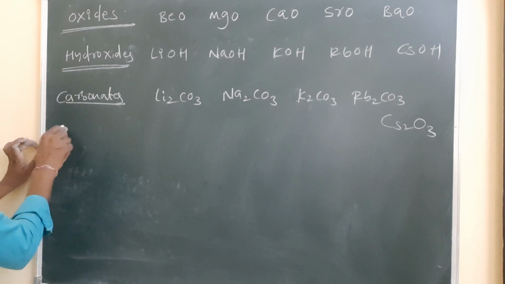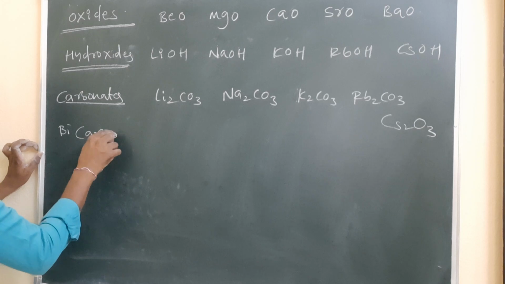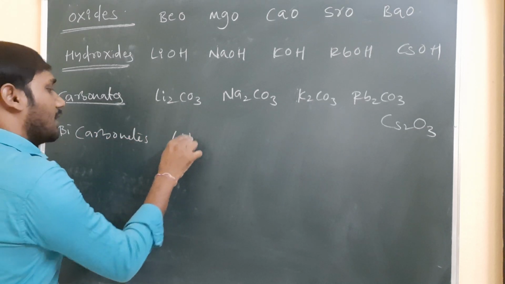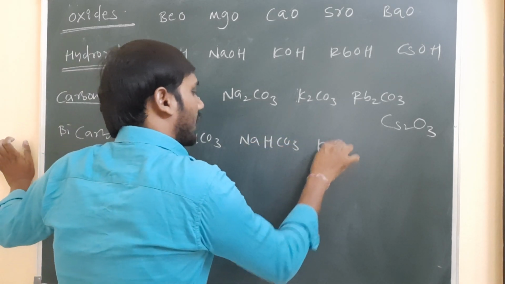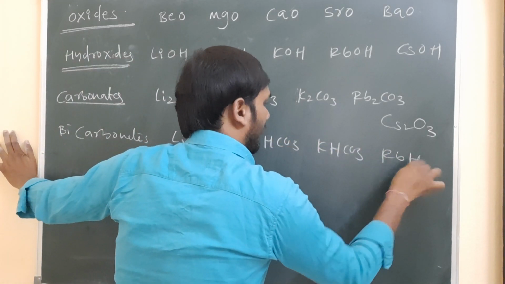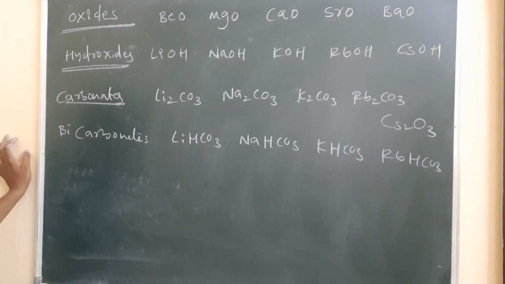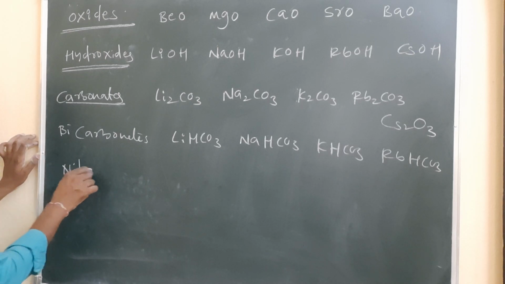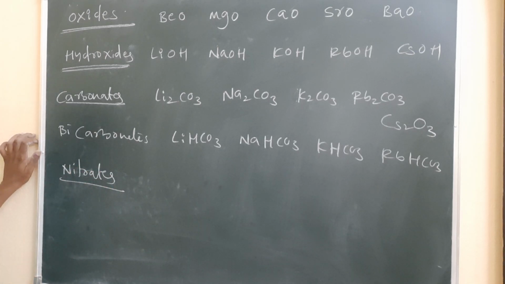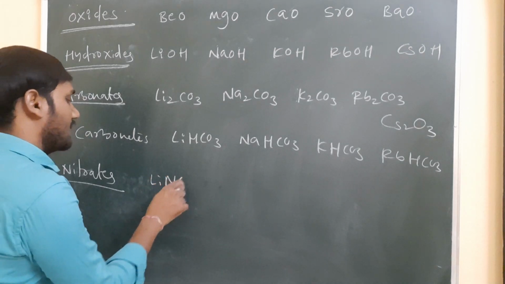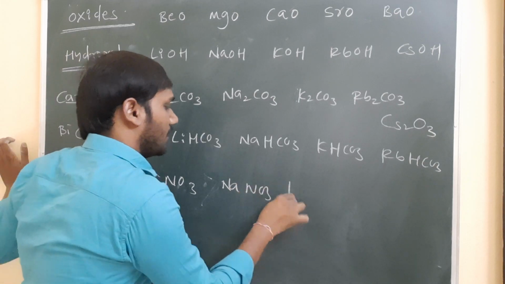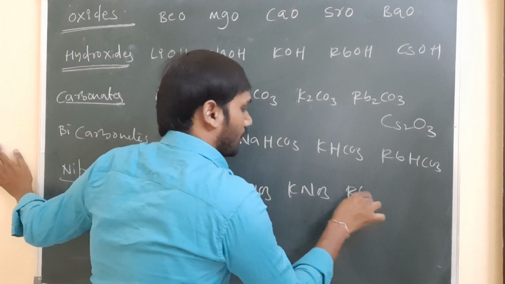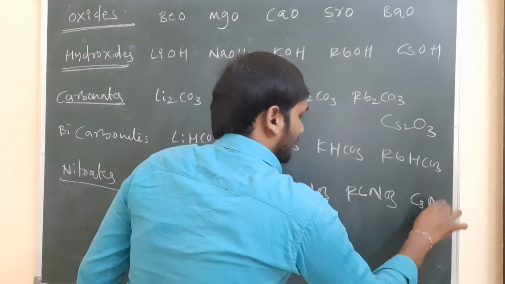Next one is bicarbonates: lithium bicarbonate, sodium bicarbonate, potassium bicarbonate, rubidium bicarbonate, and you can take cesium bicarbonate also. And the next one is nitrates: lithium nitrate, sodium nitrate, potassium nitrate, rubidium nitrate and cesium nitrate.